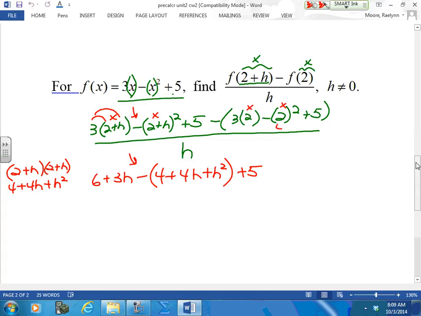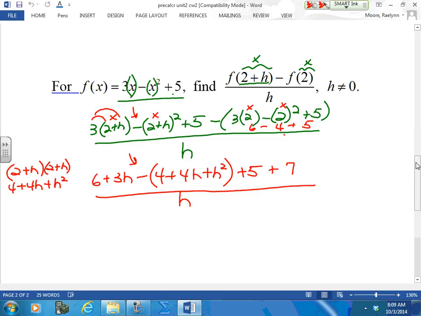Now, this is nice because we can work this out. 2 squared is 4. 3 times 2 is 6. 6 minus 4 is 2. Plus 5, 7. Okay. Now, if that wasn't right, I'm going to see that at the end. It won't cancel out.